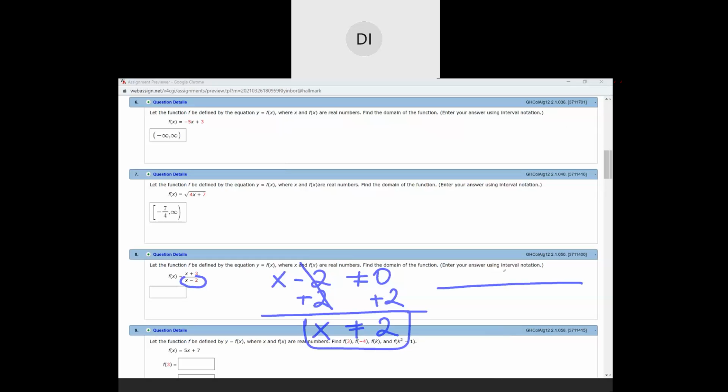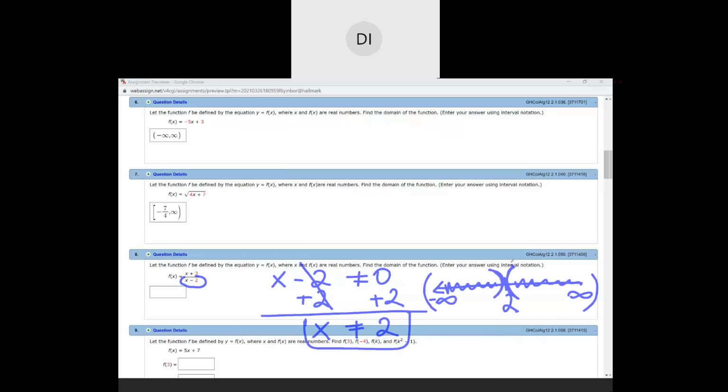So this is how you're going to write it with interval notation, because that's what it says. Let's say 2 is here on the number line. So x is not 2 means x could be smaller than 2 or bigger than 2, right? So that means x is from negative infinity, and of course infinity is parentheses, but you have to exclude 2, so you're going to have parentheses and parentheses.